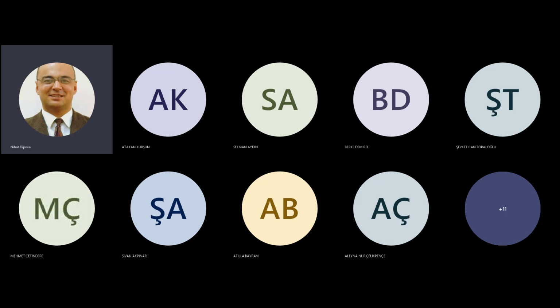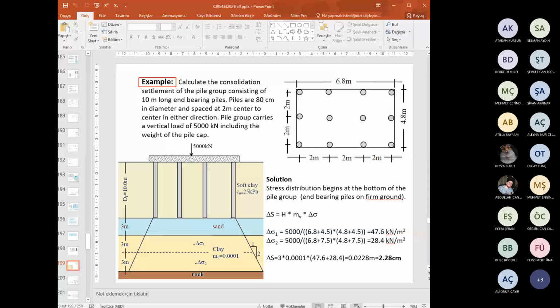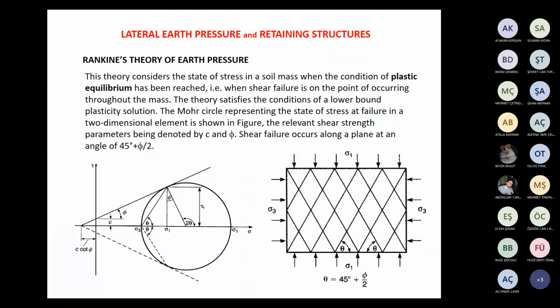New chapter is lateral earth pressure and design of retaining structures. As you remember from soil mechanics course, lateral earth pressure can be simply analyzed by Rankine's methods or Rankine's theory.